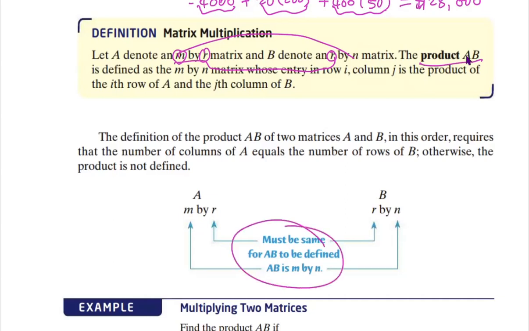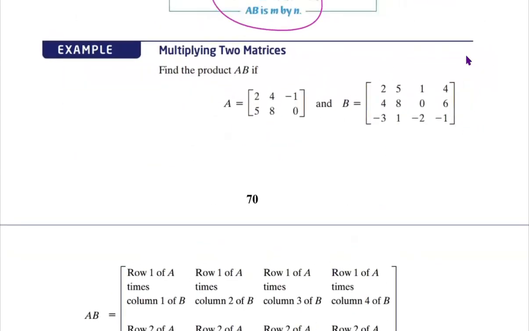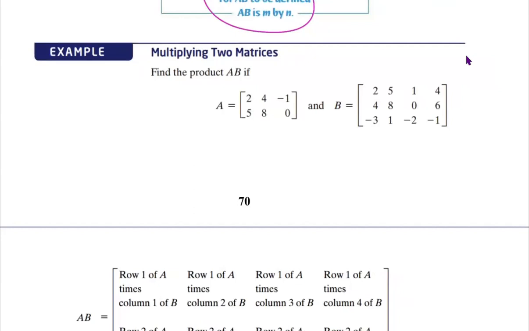When you're multiplying two matrices, the first thing you check is the number of columns of the first one and the number of rows of the second one. If the two numbers don't match, you just say the multiplication is not defined. Now let's multiply these two. How many columns? 1, 2, 3. And how many rows in the second? 1, 2, 3.